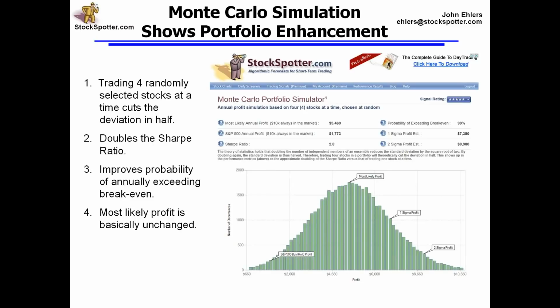Also, by reducing the standard deviation and maintaining a really good average, we've increased the probability of break even over the year to almost certainty. So that's really good. So that's this way of measuring performance using Monte Carlo by picking the random selection of the trades that you've made and running them over and over and over again in different combinations, I think is the best statistical way of showing what you can expect in the future.